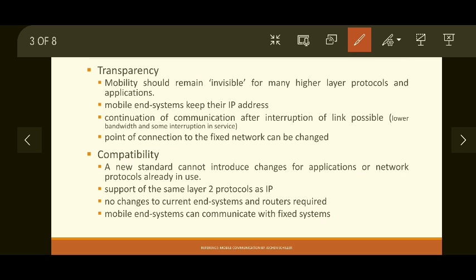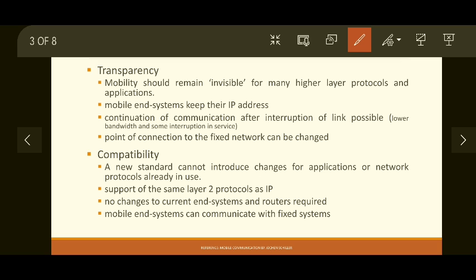While introducing changes for the new version, these changes should not impact the applications or network protocols which are already in use. That means if I am using mobile IP, I should not have to change my application. The same application which I am currently using in a fixed network should be able to support mobile IP as well. This is regarding the application layer.